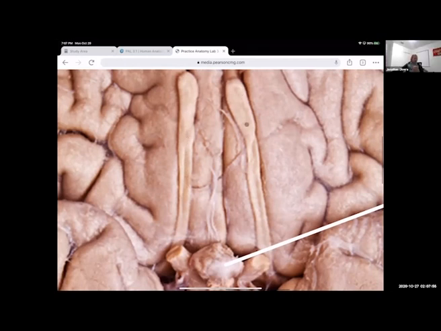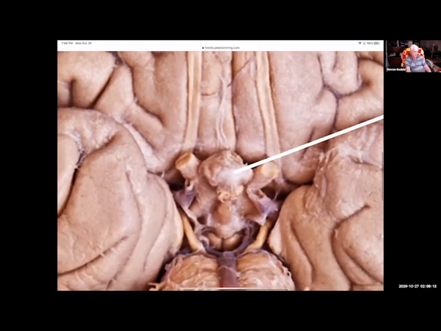Olfactory lobes, then the olfactory tract. That's your first cranial nerve, your sense of smell. So this is cranial nerve number 1, olfactory. This is cranial nerve number 2, optic. And this is your pituitary gland.